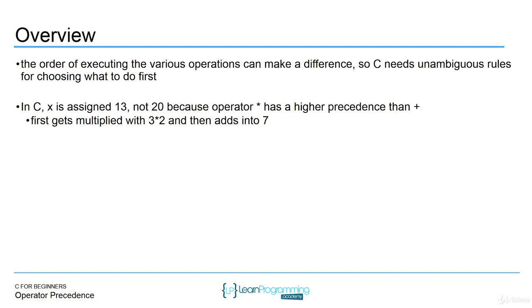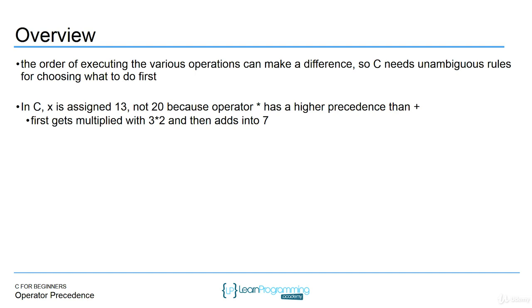Now, you could either say 7 plus 3, which is 10, and then multiply it by 2. The result would be 20. Or you can do 7 plus 3 times 2, which is 7 plus 6, which is 13. So that's how you can have different values. That's ambiguous, right? Do you do the plus first, or do you do the multiplication first? Luckily, that's decided by the language. But you can see how there are two different results.